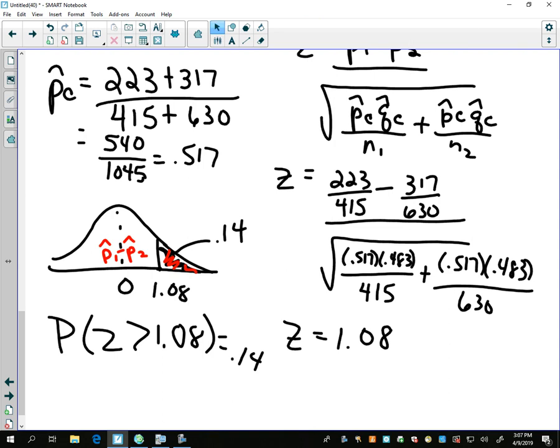All right, so high p-value, alpha is 0.05. What does that mean? We're definitely failing to reject the null.